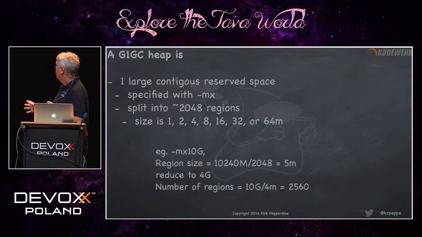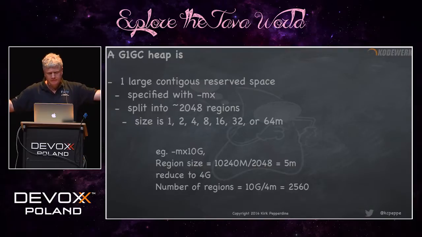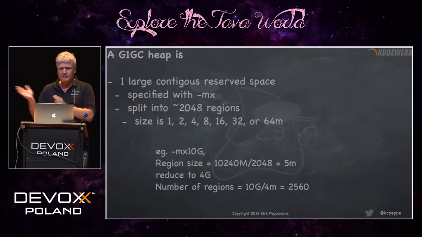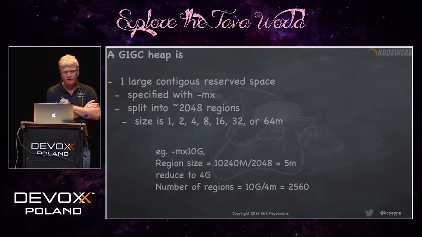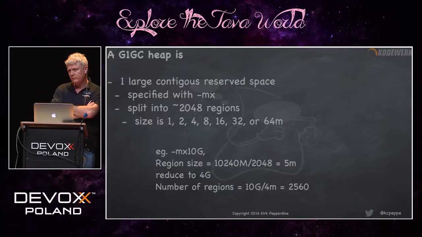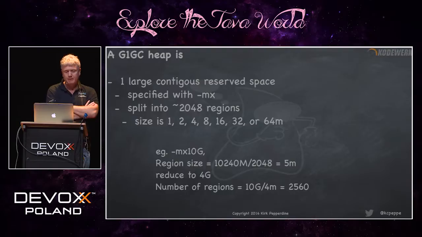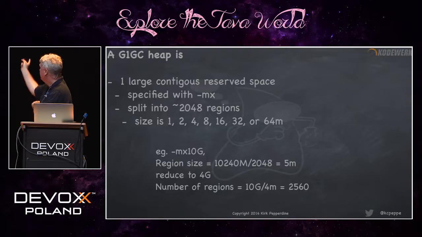Now, before we start, first off, this thing looks similar to a generational heap in the sense that we're going to get one large contiguous space, and then we're going to chunk it up. But instead of chunking it up into about 5 chunks, we're going to chunk it up into approximately 2,048 chunks, somewhere between 2,048 and 4,096, and we're going to do that based on the size.